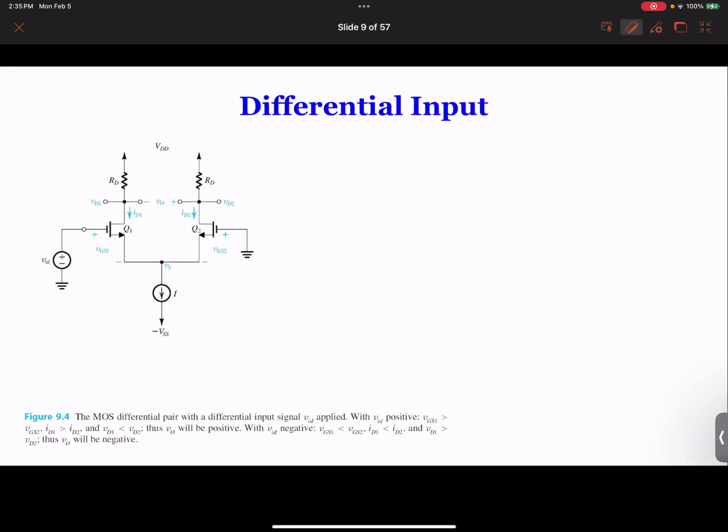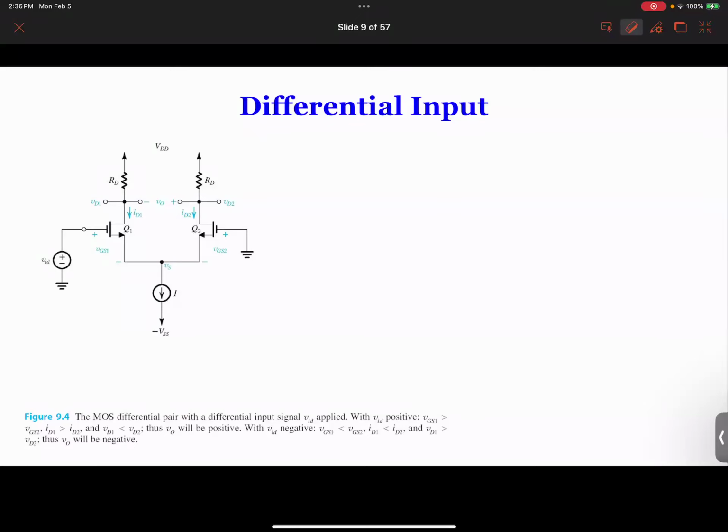So in this case, we're going to have the circuit connected to an input. In this example, the gate of Q1 is connected to input, but the other one is connected to ground. So we want to figure out how to draw the small signal equivalent circuit.